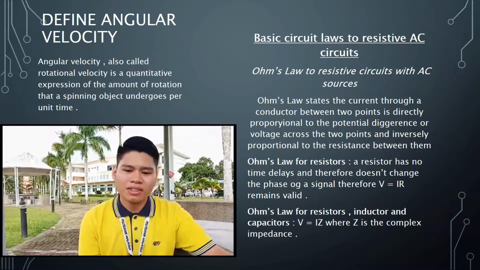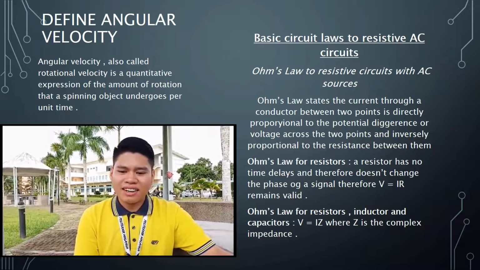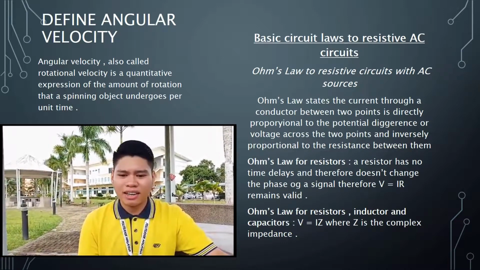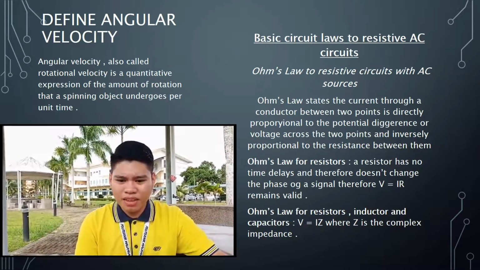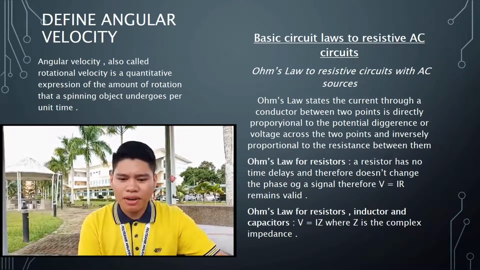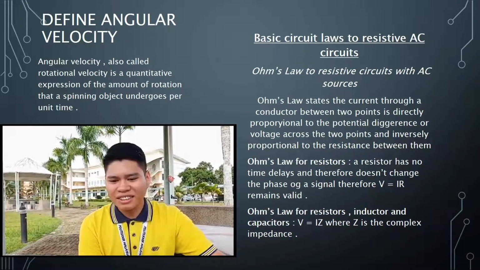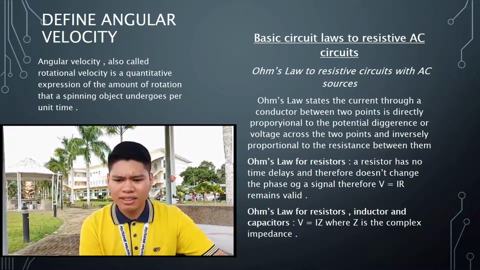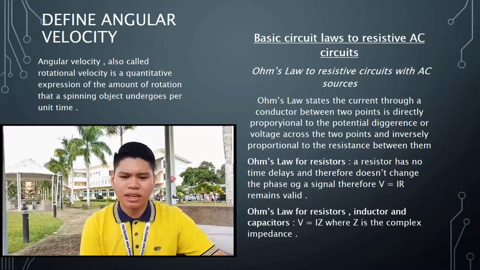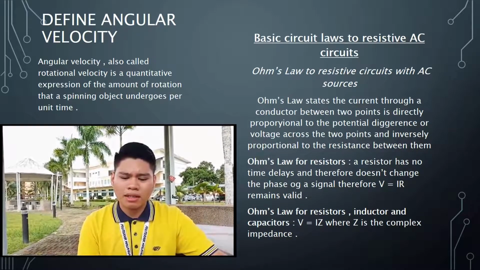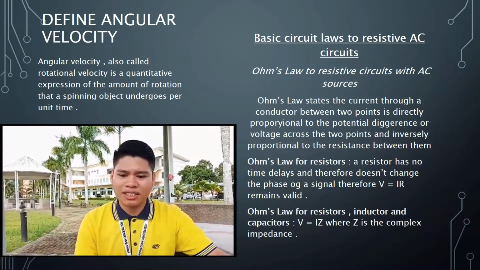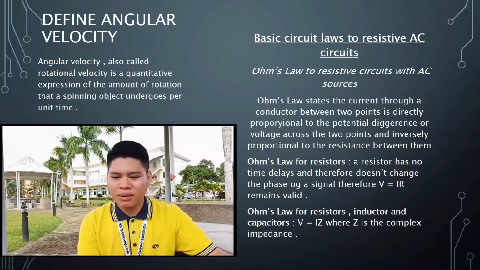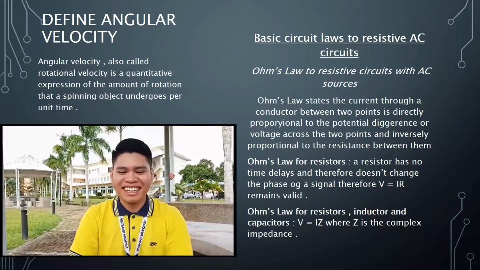Ohm's law for a resistor. A resistor has no time delay and therefore does not change the phase of the signal. Therefore, V equals IR remains valid. Ohm's law for resistor, inductor and capacitor: V equals IZ, where Z is the complex impedance. Kirchhoff's voltage law and current law.